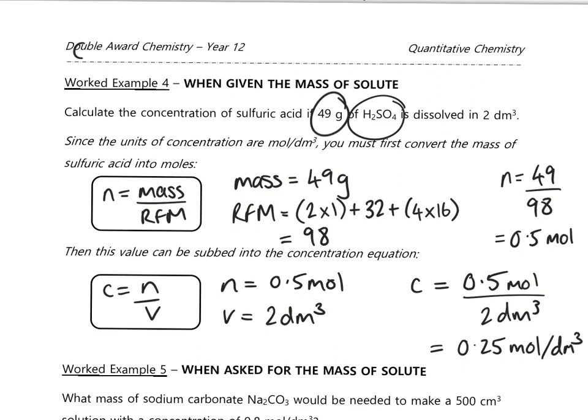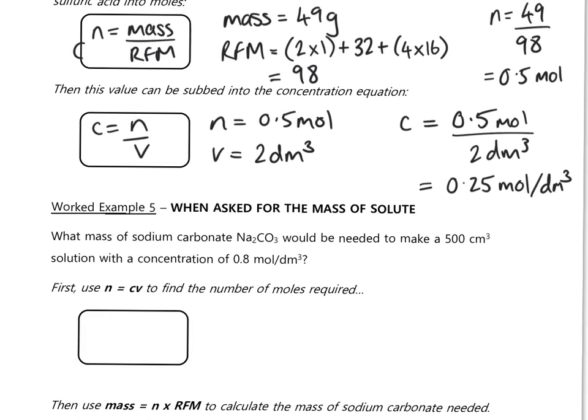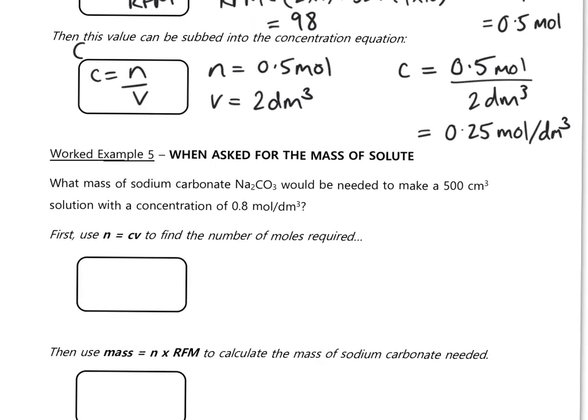Example 5 is the same, but working backwards to actually get the mass of the solute. So stick with me as we do example 5. I'll keep that up at the top in case anybody is still working. The question here is what mass of sodium carbonate would be needed to make 500 centimeters cubed with a concentration of 0.8 moles per decimeter cubed.